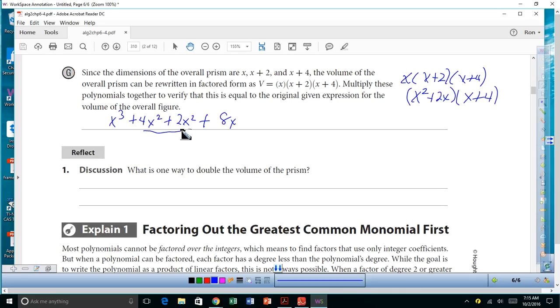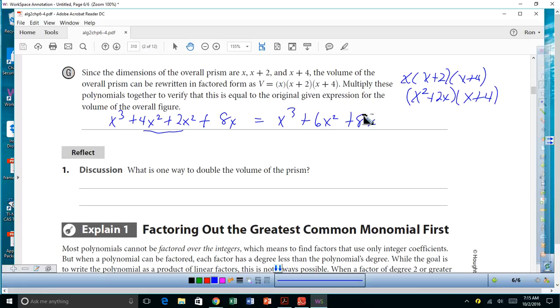And these two here can be simplified. Combining like terms, x cubed plus 6x squared plus 8x. And that should be what it said there to begin with.